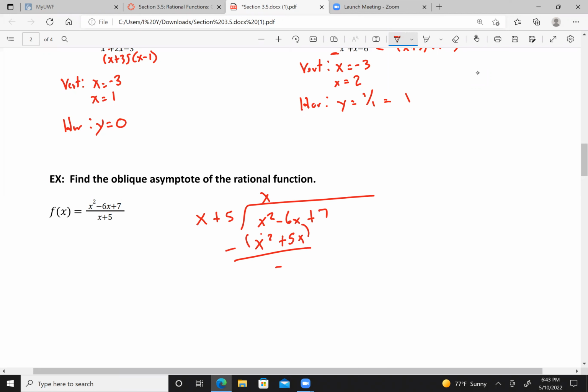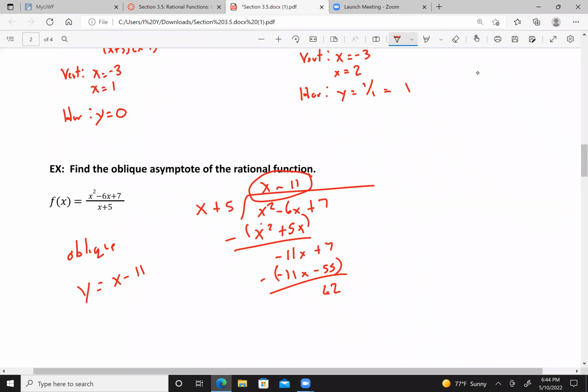Subtracting all this, now I have negative 11x plus 7. So minus 11, and I get negative 11x minus 55. Subtracting will give me 62 as the remainder. But this is all we want. So your oblique asymptote is simply y equals x minus 11, which will be a slanted line.